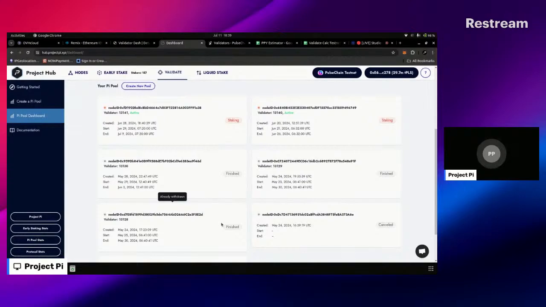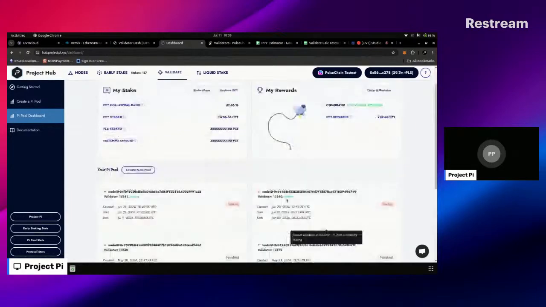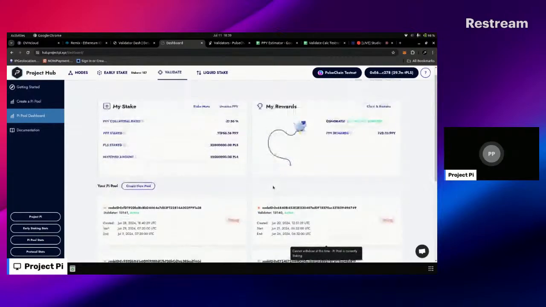There shouldn't be anything happening with their validator at this point. The 32 million Pulse would be going back into the Pi Pools protocol. These just show the index, but staking would show you that it is indeed active and that the index for this validator is up and running as well.